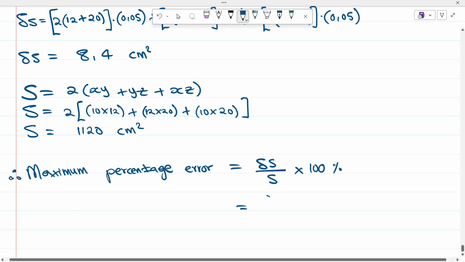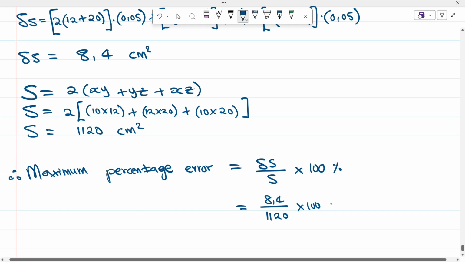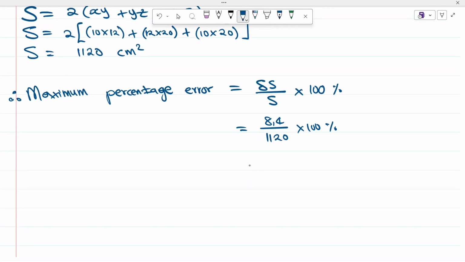So we substitute 8.4 divided by 1120, multiplied by 100%, and we should be able to get 0.75%.